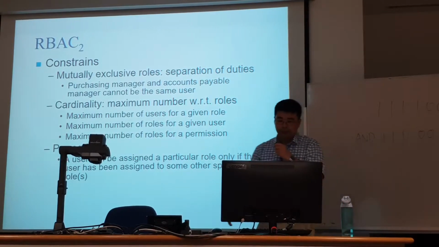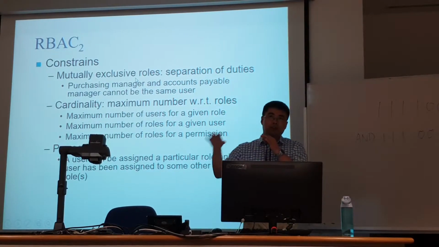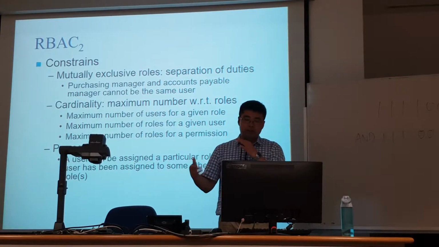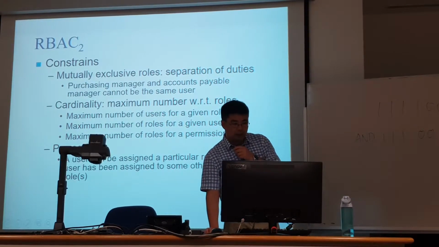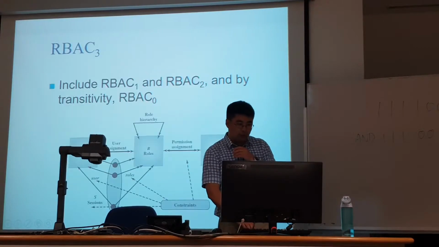So this is opposite to the mutually exclusive. Mutually exclusive means that if you assign this role, you cannot be assigned another role. In the other situation, if you want to have this second role, you first need to have the first role. So these two are opposite to each other, right? So we can have all these constraints.